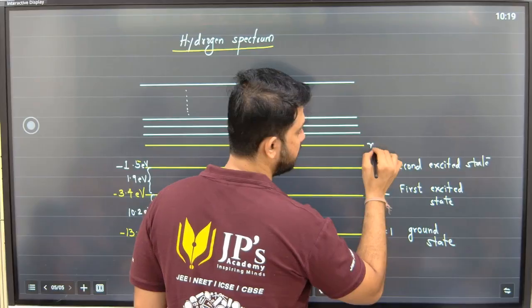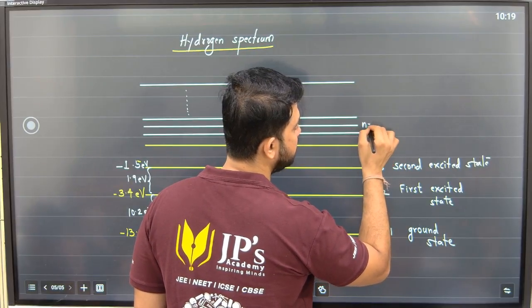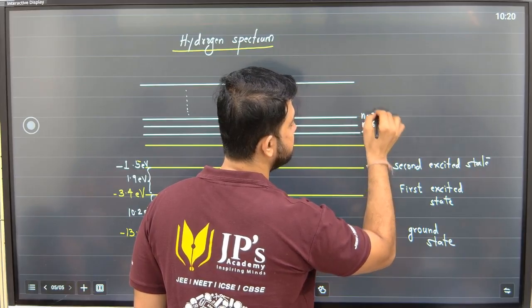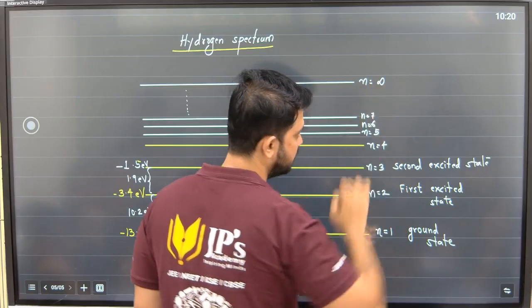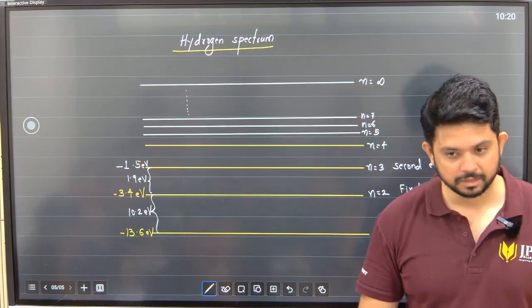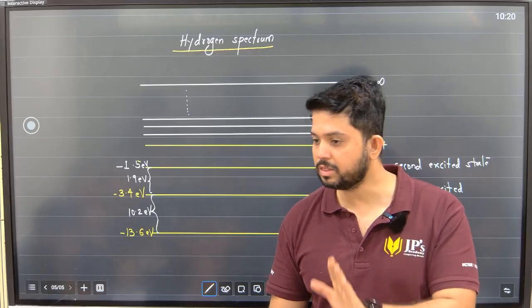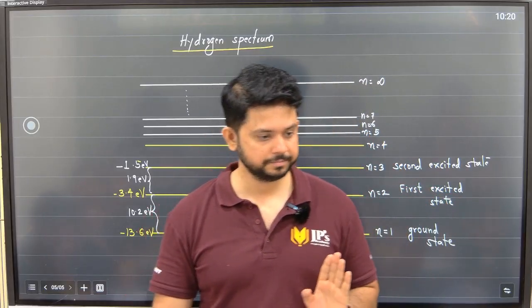N3, N4, N5, N6, 7, and here it is. What does infinity mean? That the nucleus no longer has a hold on the electron.